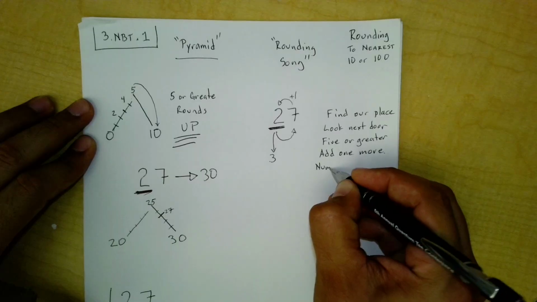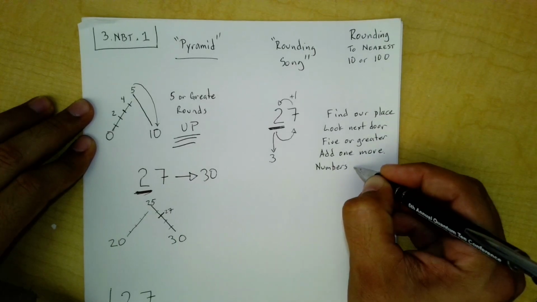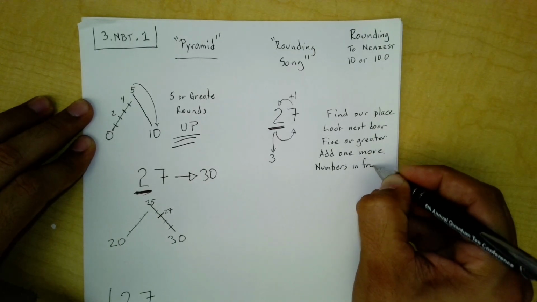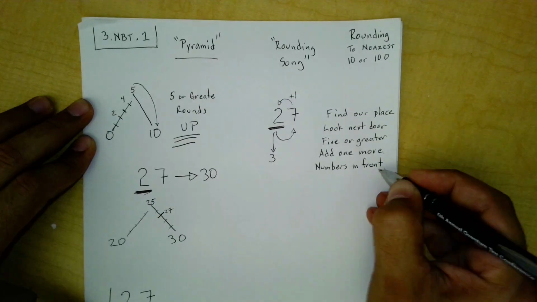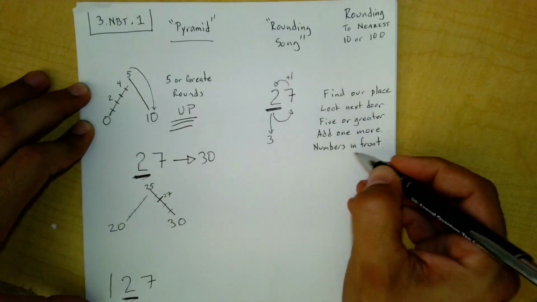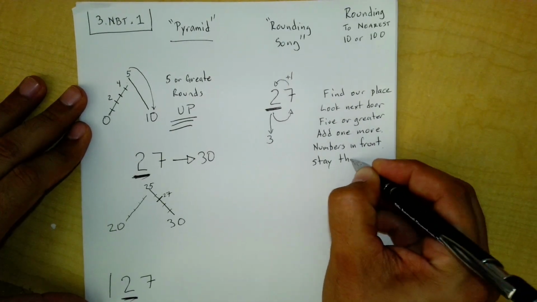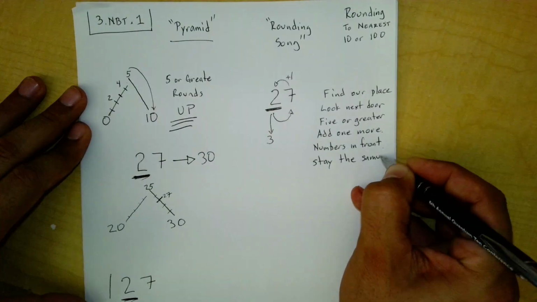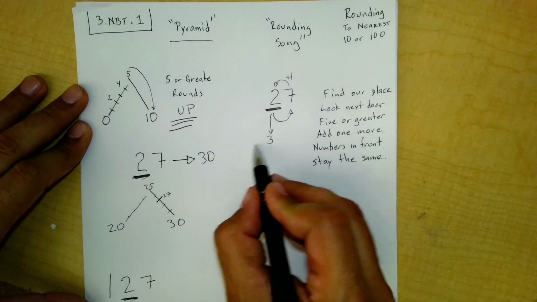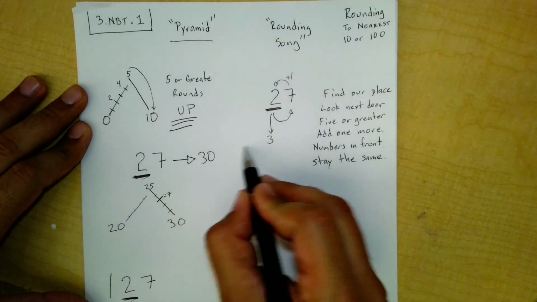Numbers in front. There are no numbers in front here, but we're going to see that this works when we get into a number like 127. Numbers in front stay the same. So there are no numbers in front, but they stay the same.